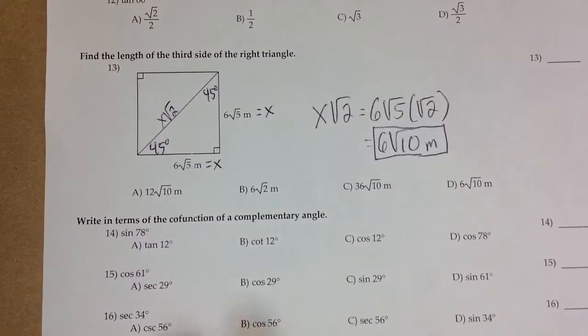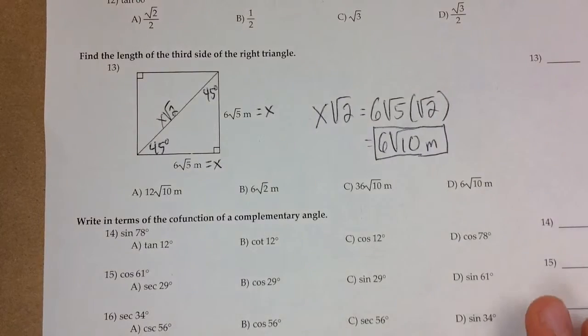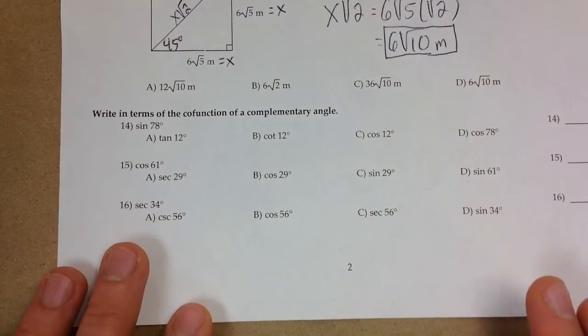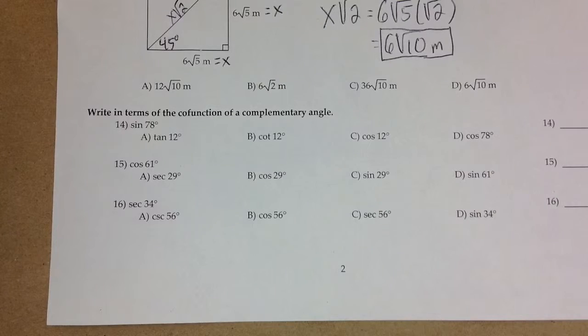Easy. 45, 45, 90s are easy. We love them. Next, number 14. Write in terms of the cofunction of a complementary angle. Hopefully, you have some idea how to do this now. Nikki S., first, please tell me what is the cofunction of sine.